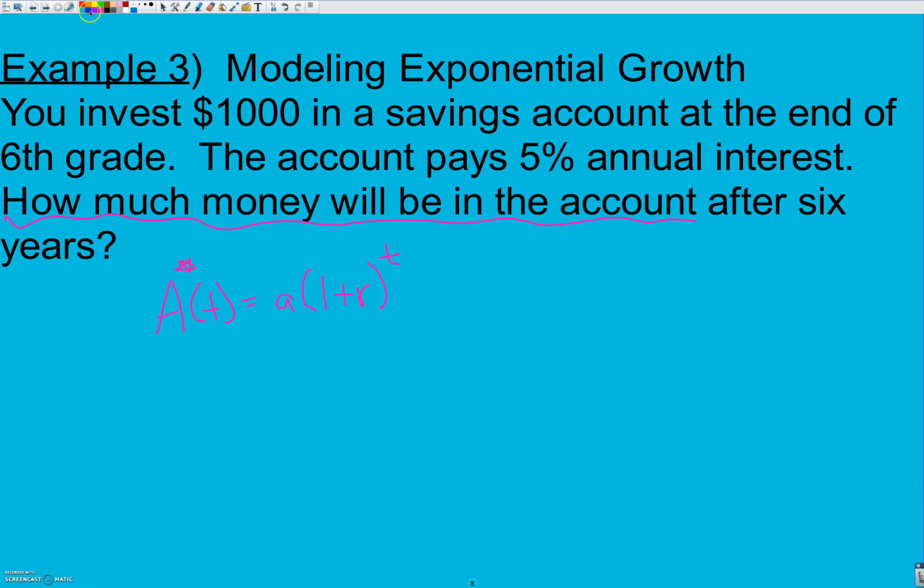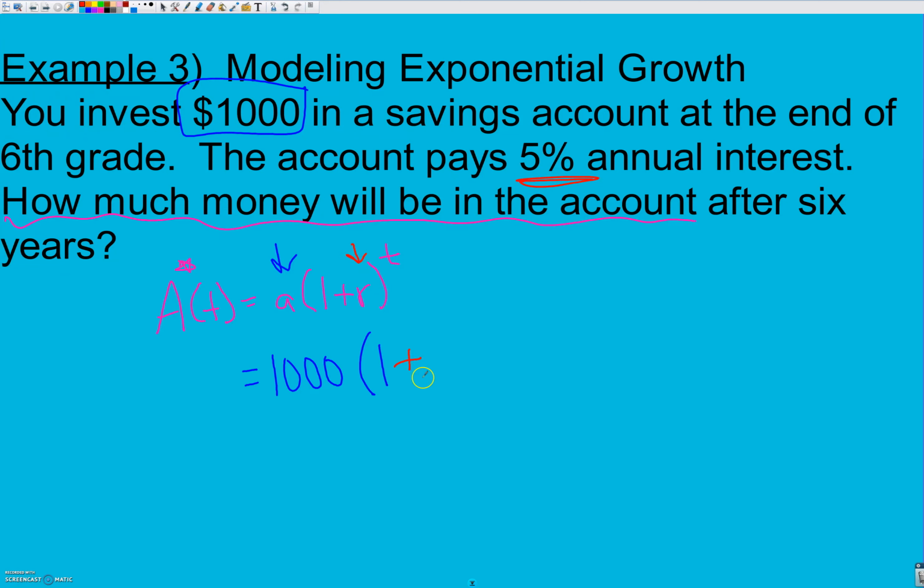So we know that $1,000, that's where we started. We know that this is growth, okay? When we invest money in a savings account, it grows. So it's going to be growth. We use this 5% interest. We put in for r.